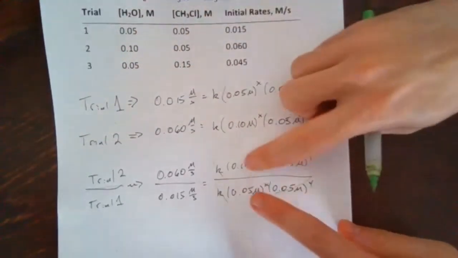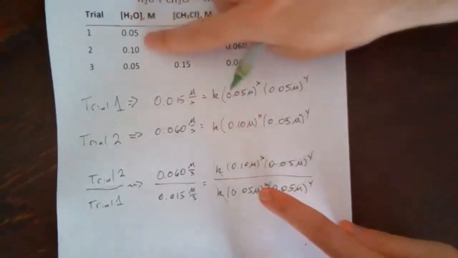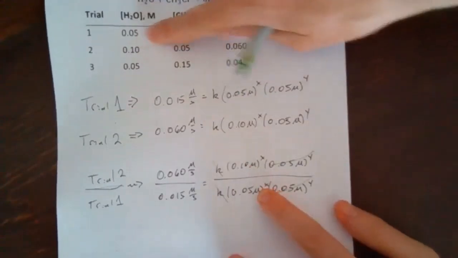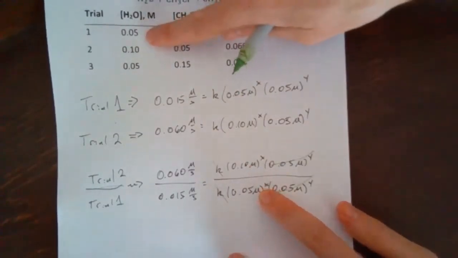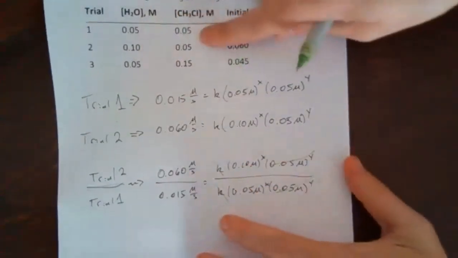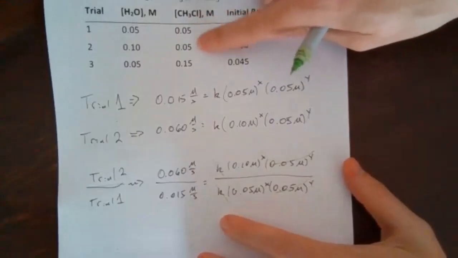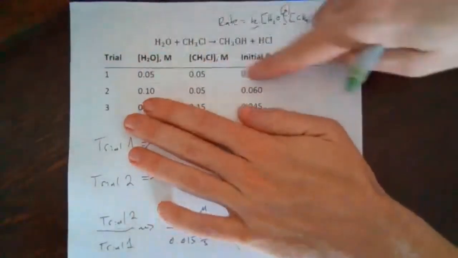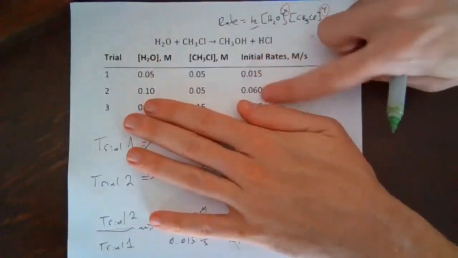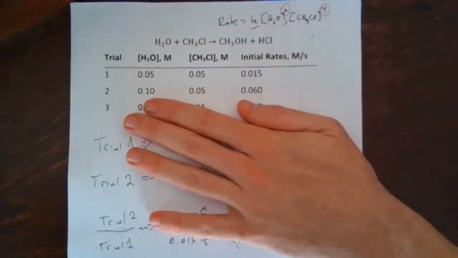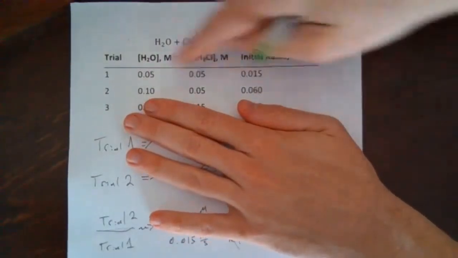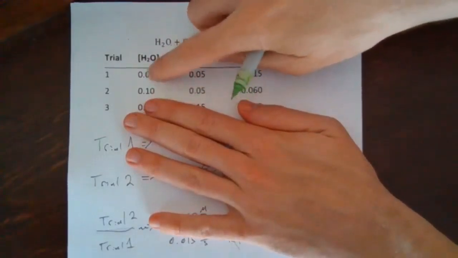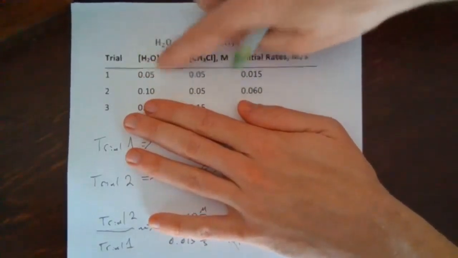The only thing left is the concentration of water. The concentration of water increased, but the concentration of CH3Cl did not change. So between these two measured rates, the difference is entirely based upon the change in concentration of this one reactant.